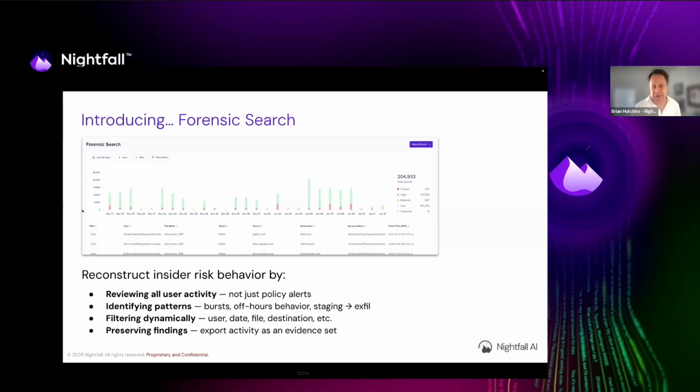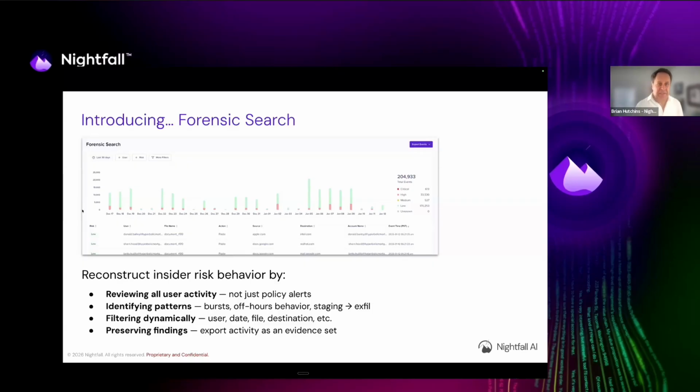Being able to identify patterns like bursts or off-hour behaviors, having some staging before the exfil is important. Being able to have all kinds of filters so you can either narrow your scope or expand out. And then being able to preserve the findings from your investigation in case there are some questions that need to be asked or some legal action that needs to be taken.